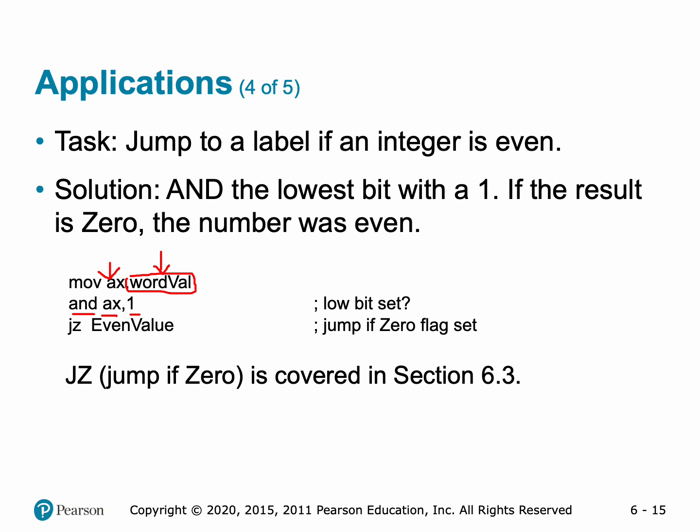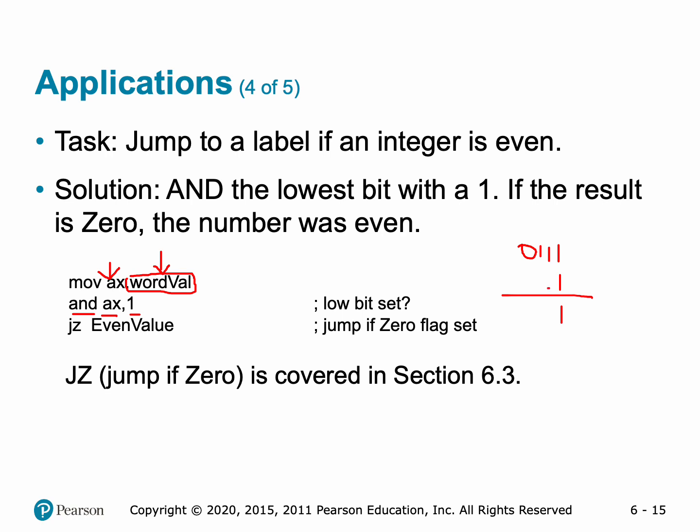So let's say that we have 0, 1, 1, 1, and then we AND with a 1. 1 and 1 is still a 1.